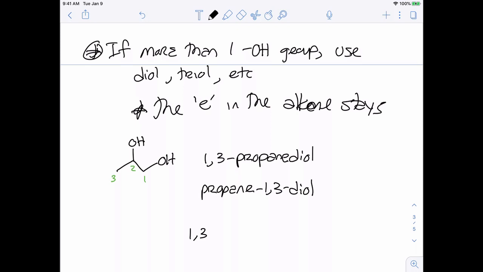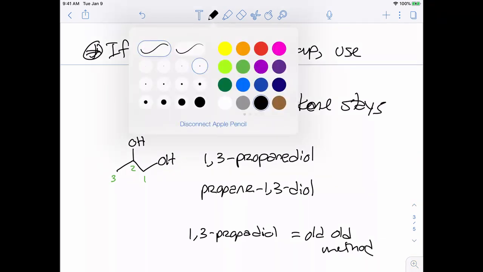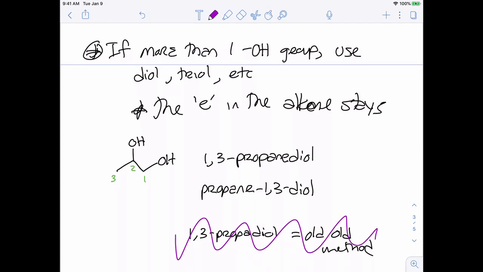I'm pretty much out of the habit now. We'll do prop, diol. So be careful. I don't want you to do it this way. It's really old, it's antiquated. Just watch out for it. So we kind of want to stay away from doing that, but you might see it. If you do, that's what's happening.